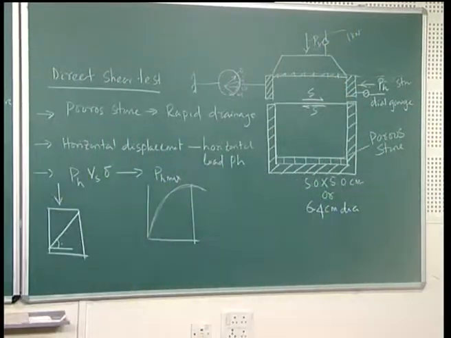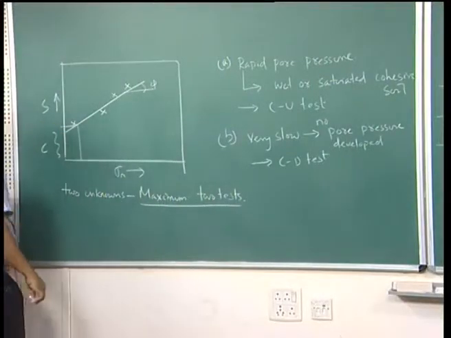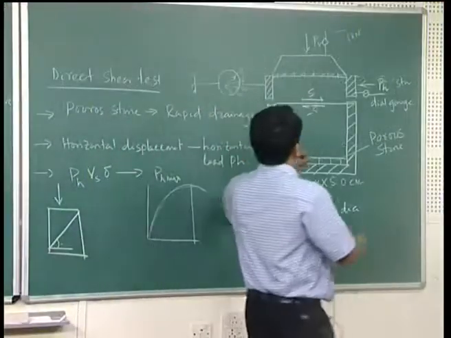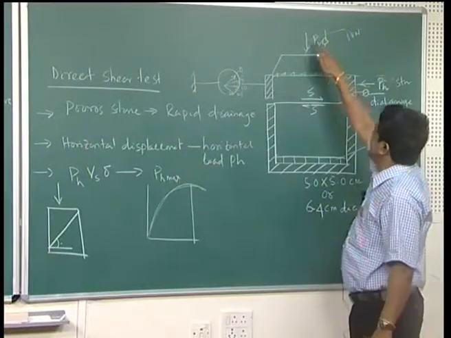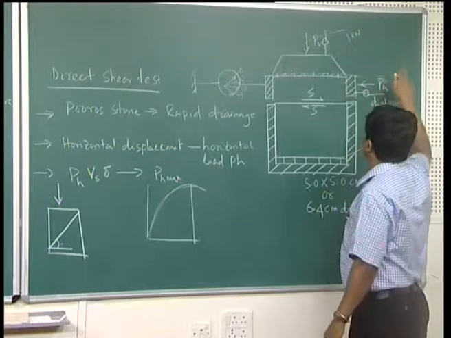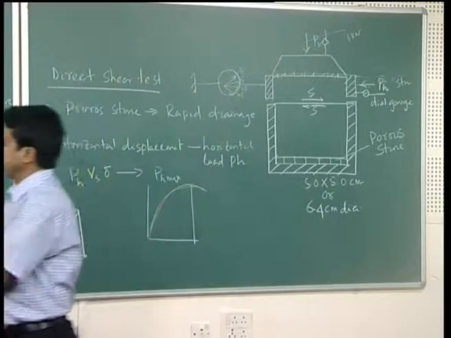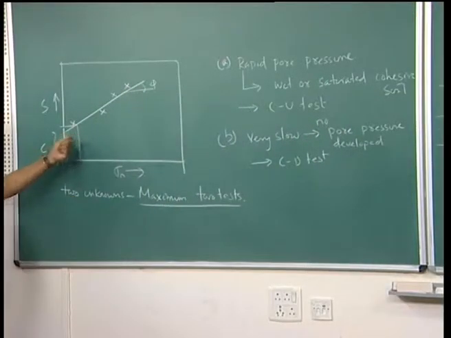For each set you are getting one normal stress and one shear stress; you know the shear load, and with the area you will get your shear stress. Suppose for 1 kilonewton normal load, you will find one lateral load. From there you plot. There are two unknowns, one is C, the other is phi. At least 2 tests are required for this graph to be plotted.